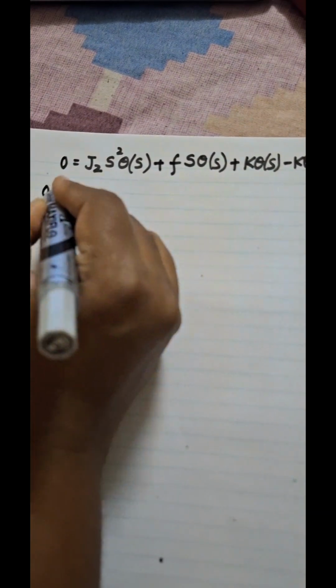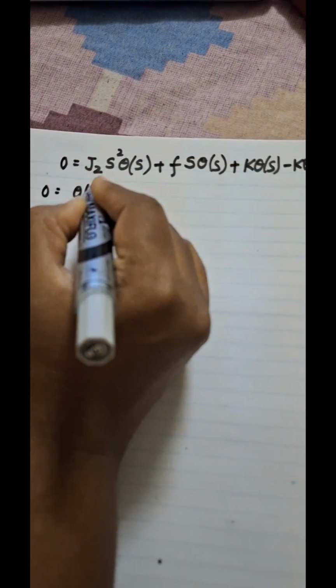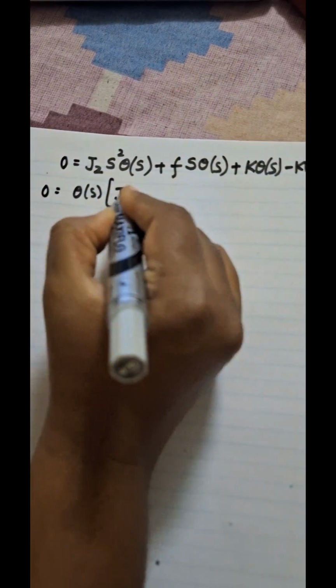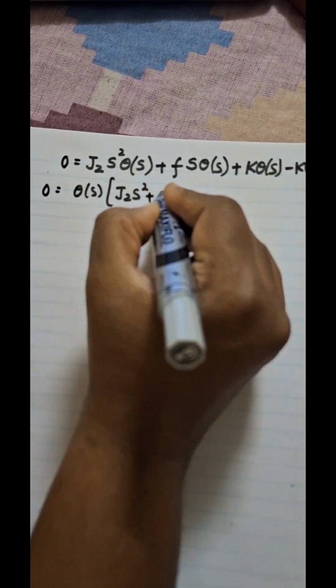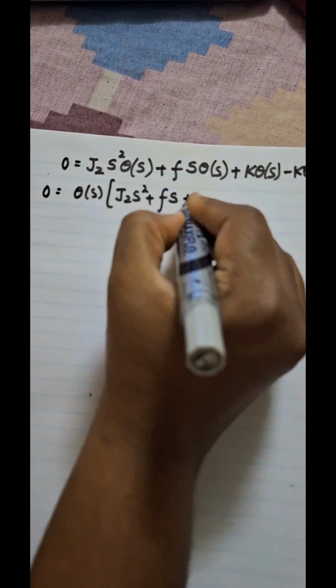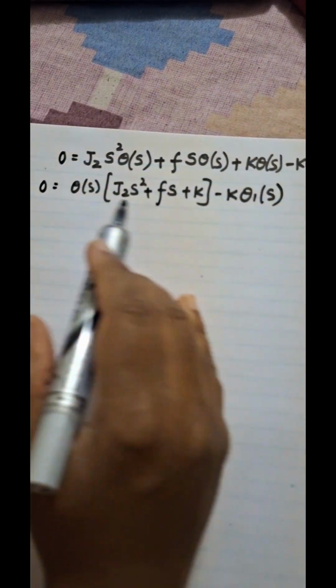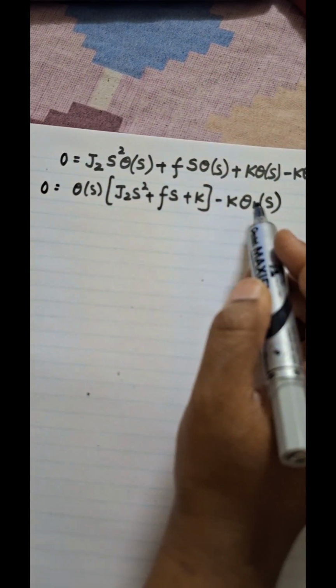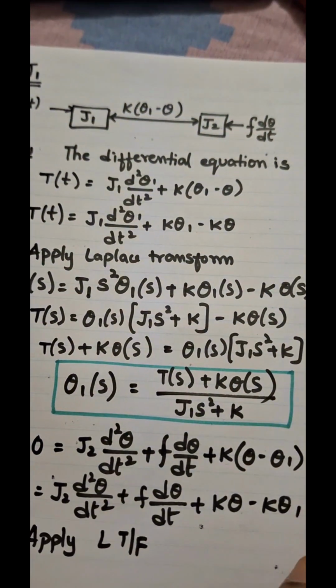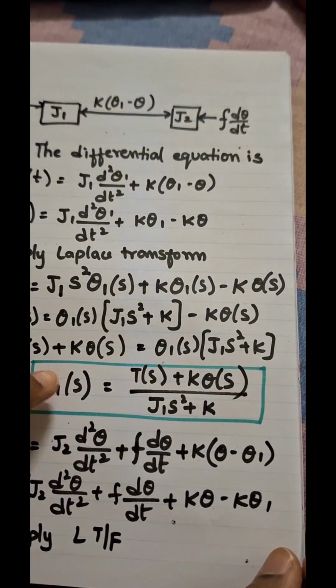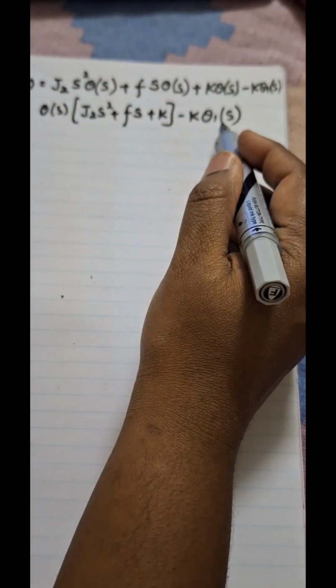So 0 is equal to, let me take theta of s as common. So this will be theta of s into J2 s square plus fs plus k, minus k theta 1 of s. My requirement is theta and T, but not theta 1. So to eliminate this theta 1, I have already derived a solution like this, right? So I can substitute this equation here.